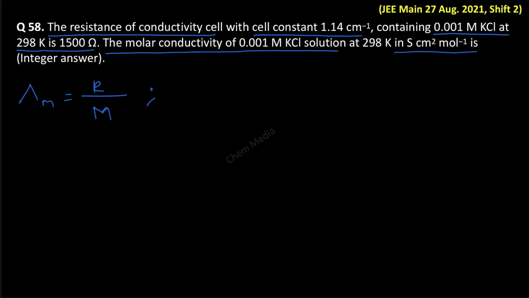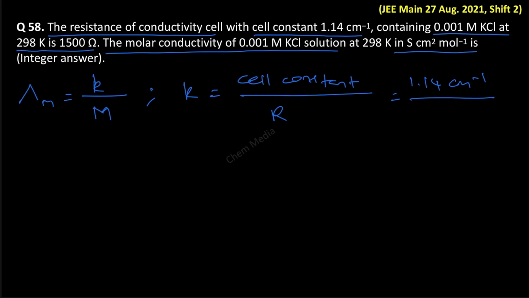We also know that kappa is equal to cell constant divided by resistance. Cell constant value here is given as 1.14 per centimeter, divided by the resistance value, which is given as 1500 ohm.